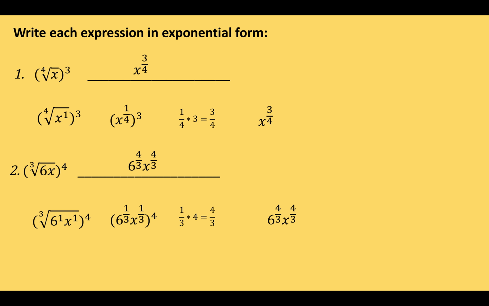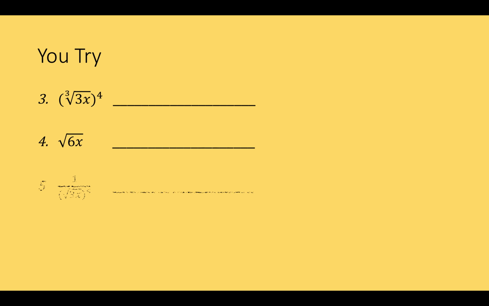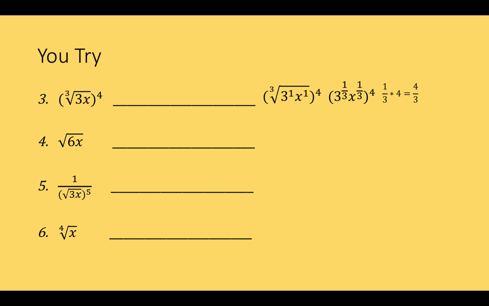Right now we don't want to simplify this because we don't want any ugly numbers. Pause the video and you try the following. You should have got something similar to these.